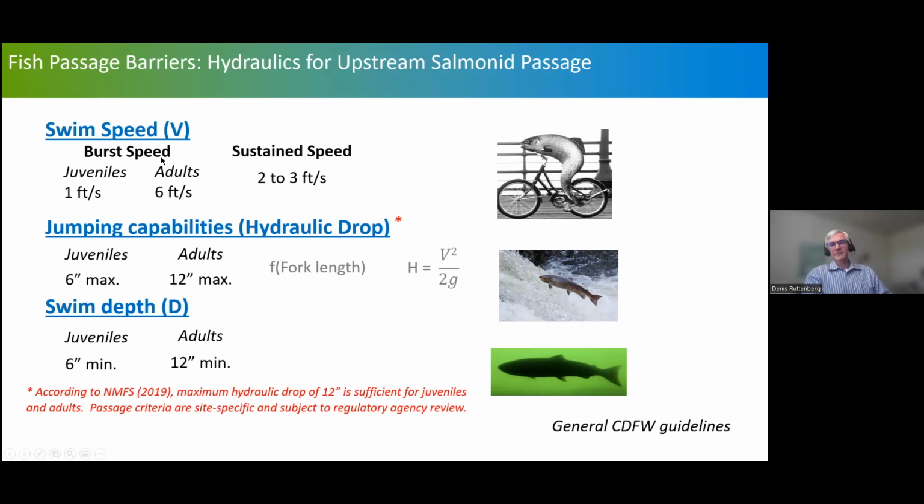Fish can swim at a burst speed or sustained speed. Adults can swim very fast. The jumping capability of an adult is much greater than a juvenile, typically 12 versus 6 inches. If you want to get into more science about it, you can look at kinetic potential, v squared over 2g. If the fish is swimming at a certain velocity, that's how high it can jump. Or there are also relationships to the size of the fish, fork length, and how high they can jump.